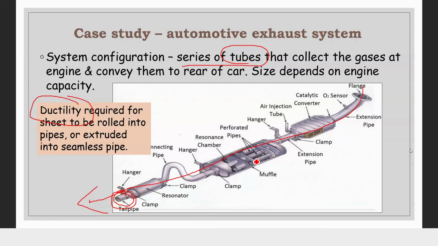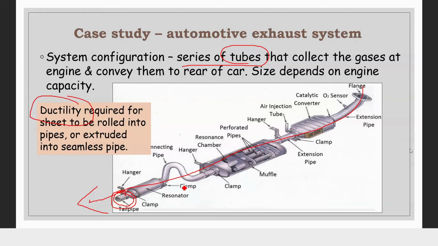So walaupun kita consider ceramic sebagai material yang boleh diguna, tetapi bila kita tengok kepada configuration dia, bentuknya adalah tubes. So it's going to be very difficult for you to shape ceramic into tubes.